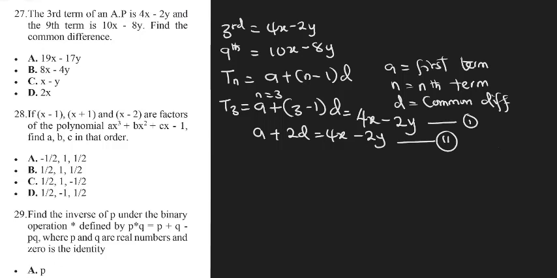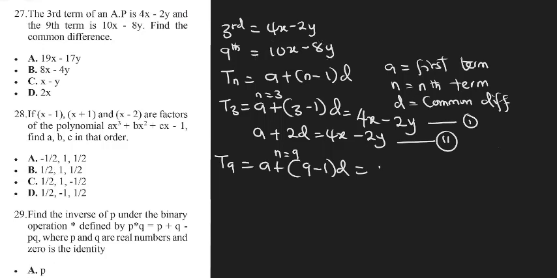So let's do that for the ninth term. T9 is going to be a plus (n minus 1)d, where n will be 9. So a plus (9 minus 1)d is equal to 10x minus 8y.